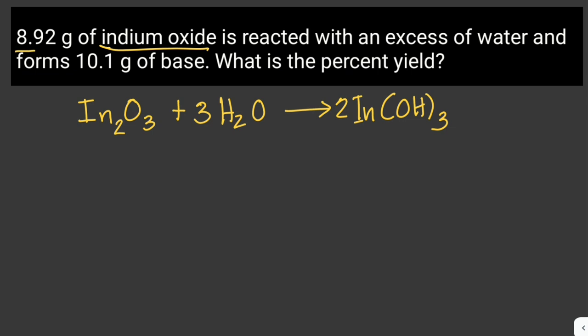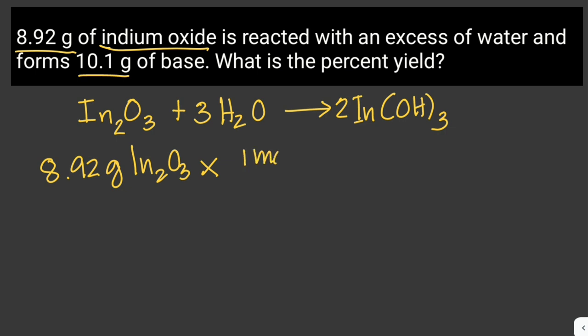Okay, we're given here 8.92 grams of indium oxide, and we need to find the percent yield. And then also we're given 10.1 grams of indium hydroxide, which is the base. So we start with 8.92 grams of indium oxide. We multiply this by its molar mass.